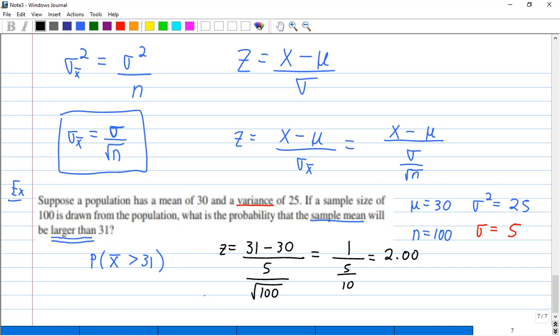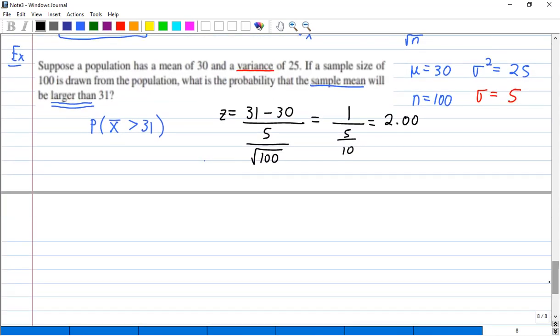All right, so this is a greater than problem. So remember what I'm trying to figure out here. I have a z-score now of 2.00. So if I was looking under my standard normal curve, let's pretend that that's symmetrical, then if I'm at about 2 standard deviations to the right of the mean, that would probably be about right here. This is a greater than problem.